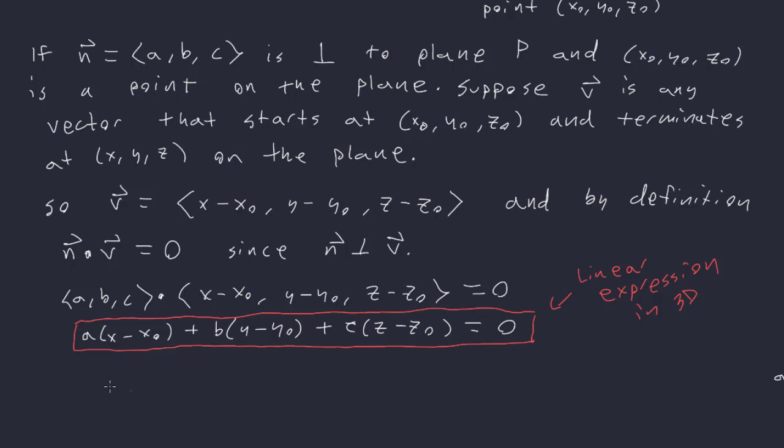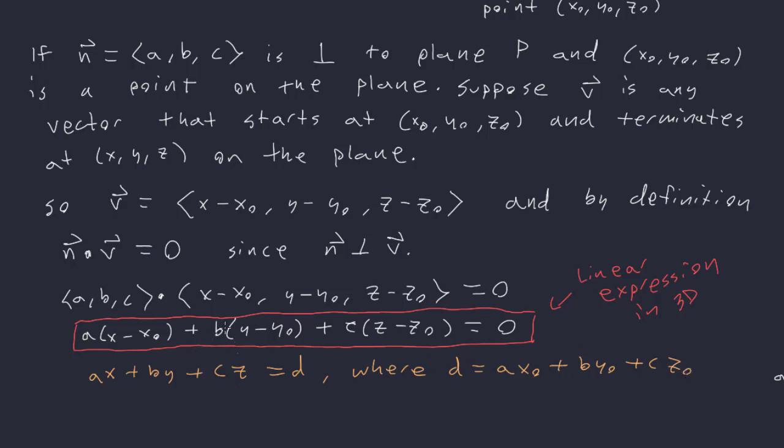This is sometimes changed to this, ax plus by plus cz is equal to d, where d is equal to ax naught plus by naught plus cz naught.